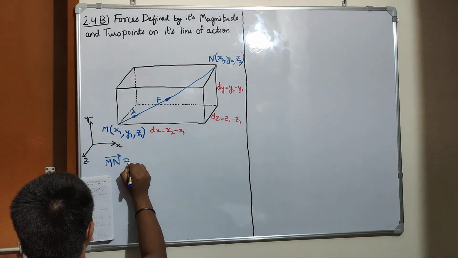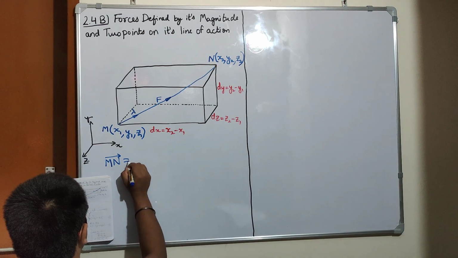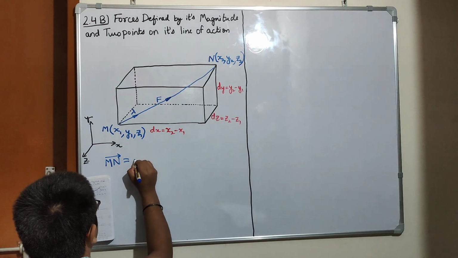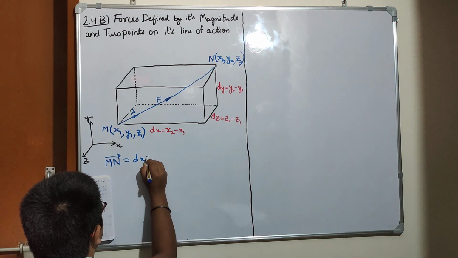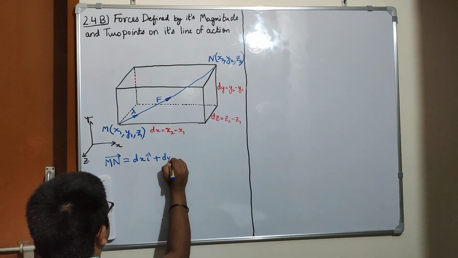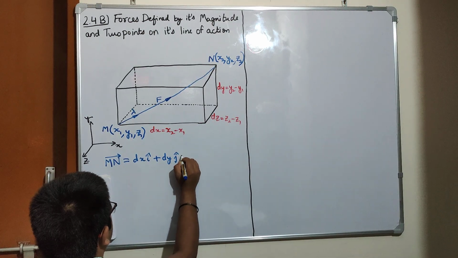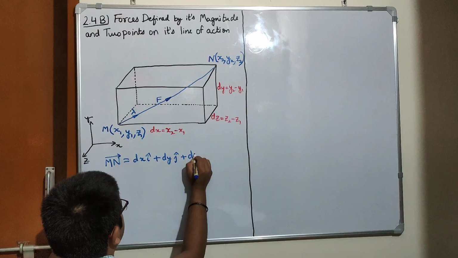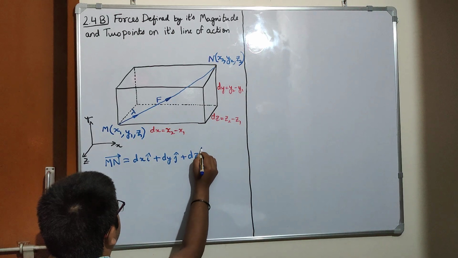MN vector is equal to dx i cap plus dy j cap plus dz k cap.